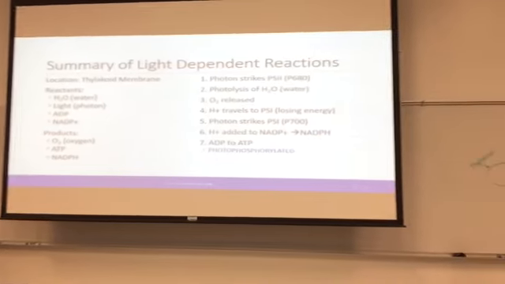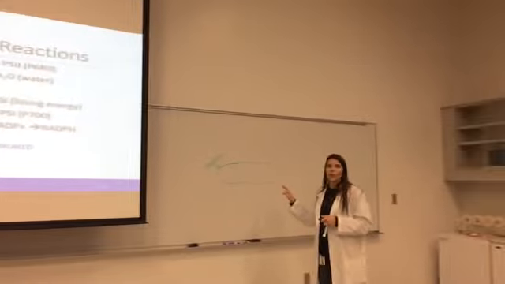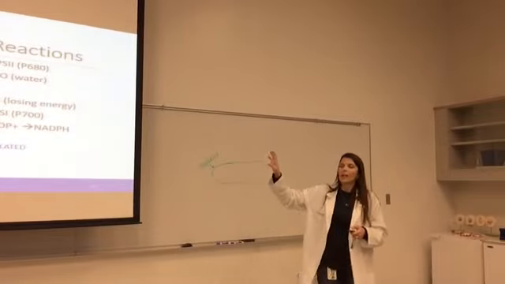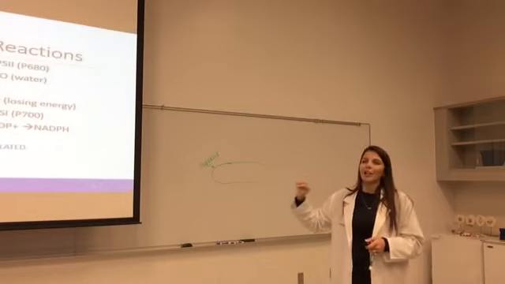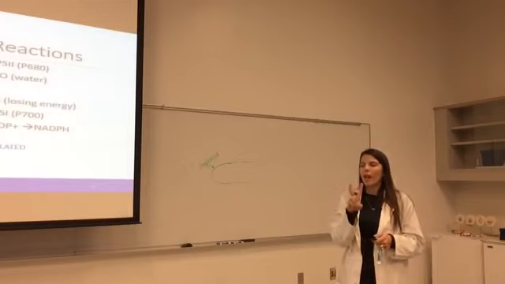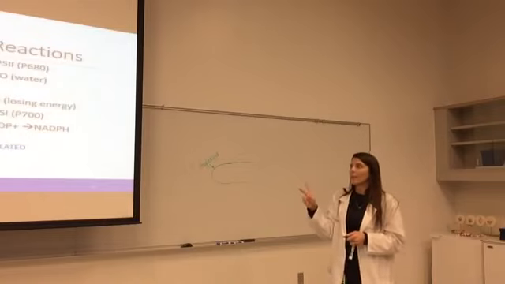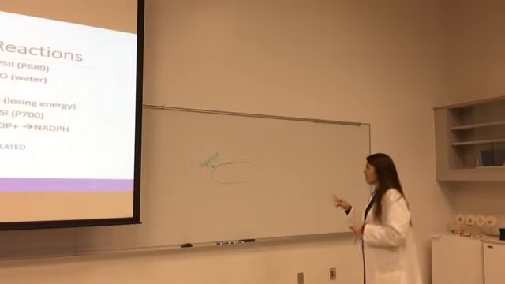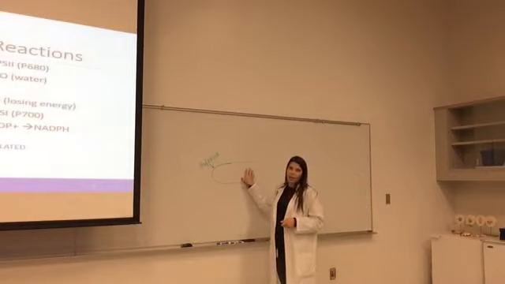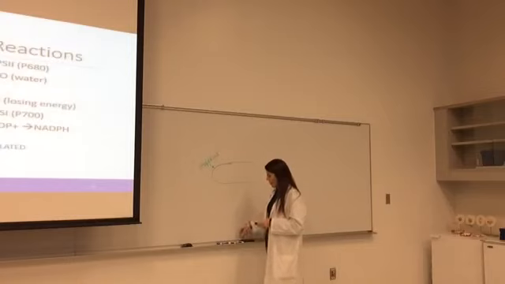So I'm going to come over here and I'm going to illustrate to you what occurs during the light-dependent reactions. There are two sets of reactions in photosynthesis, light-dependent and light-independent. To begin with, they take place in the thylakoid membrane. So I've already got my little thylakoid drawn here.